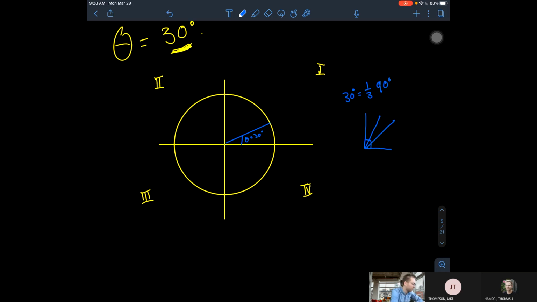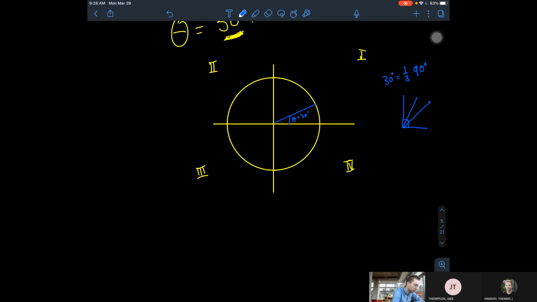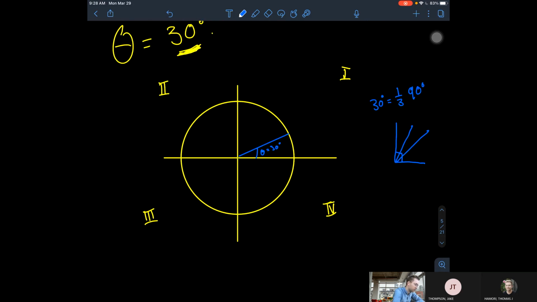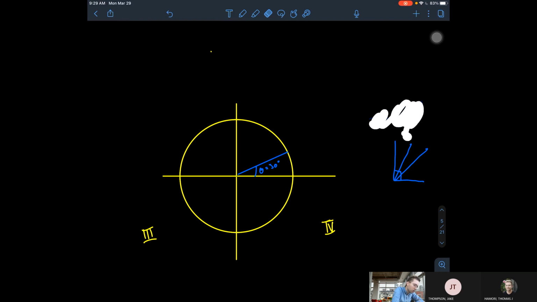Okay, how do you find sine and cosine? Sure. So that was something that we defined at some point, which was the following. Let me take another step back and say, do you have a good grasp on what the unit circle is?